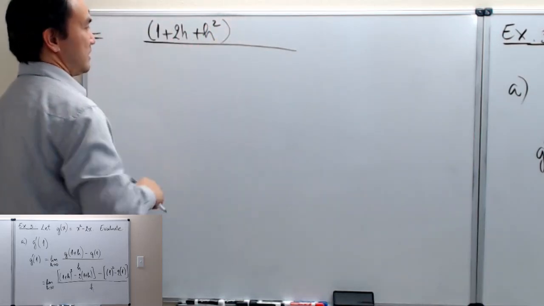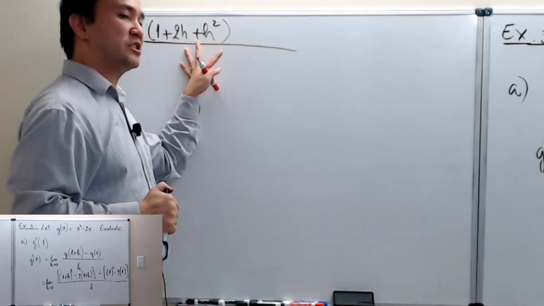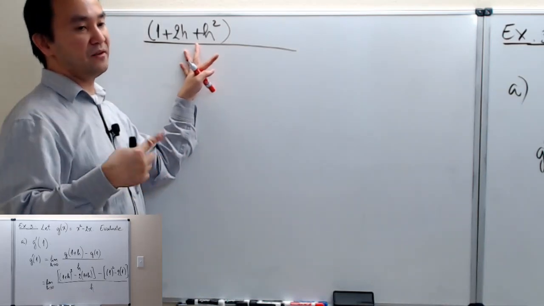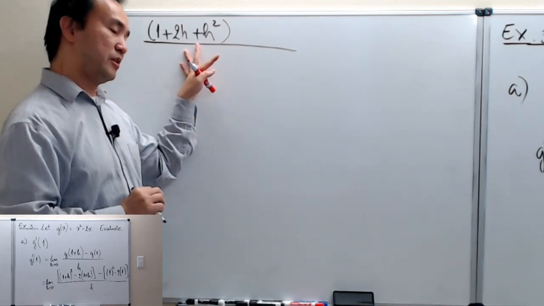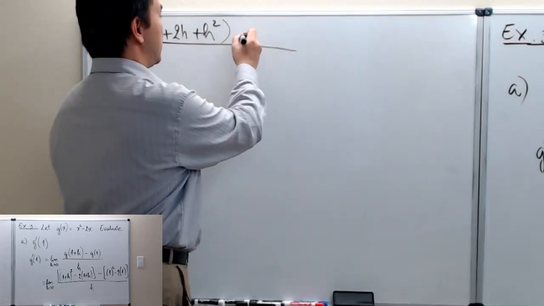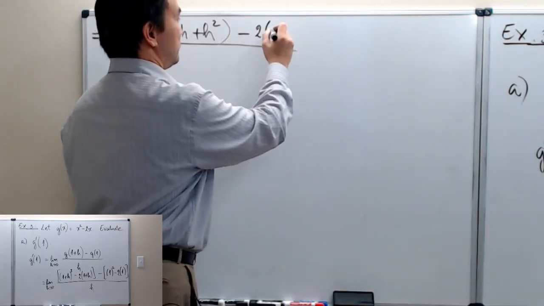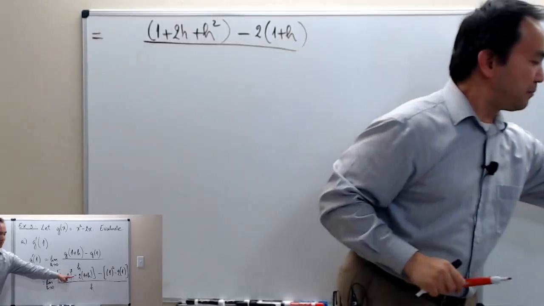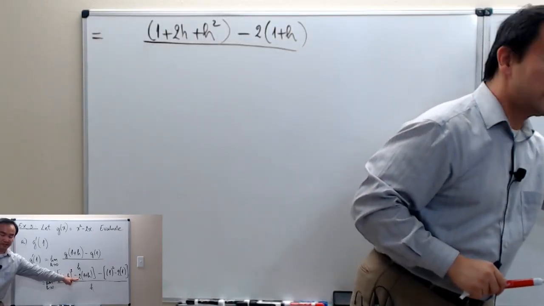Once again, you can always pause the video to show your own skills at how you can FOIL out a perfect square or a perfect cube like in the previous example. Minus 2 times 1 plus h. This term came out from that previous term, and it pretty much stays the same.